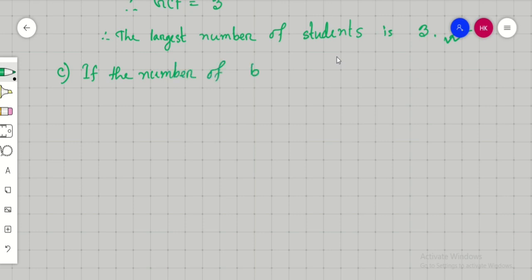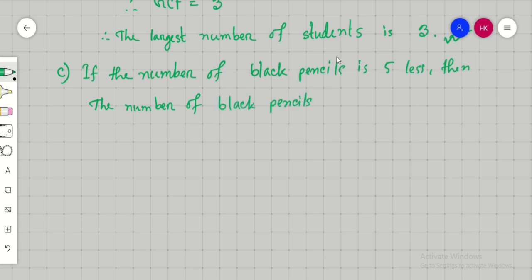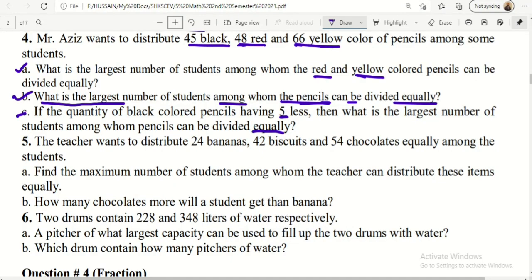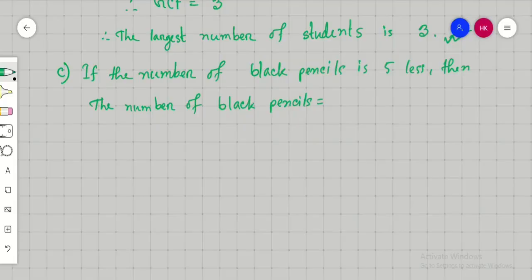Initially there are 45 black but 5 less, that means 45 minus 5 equals 40 pencils.